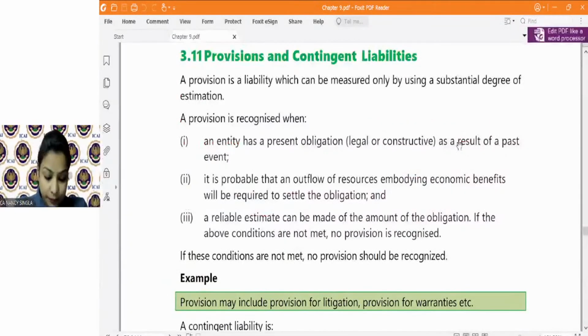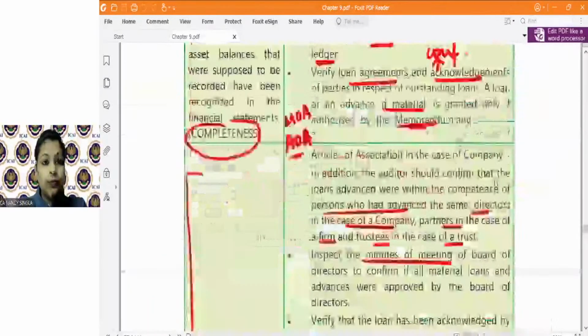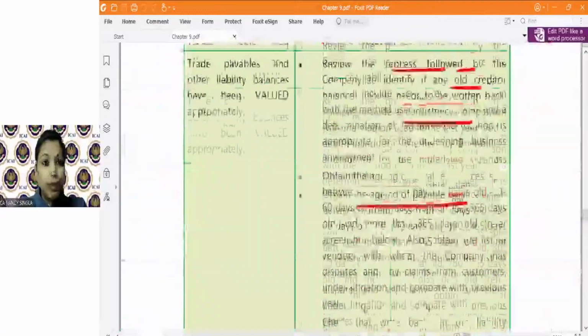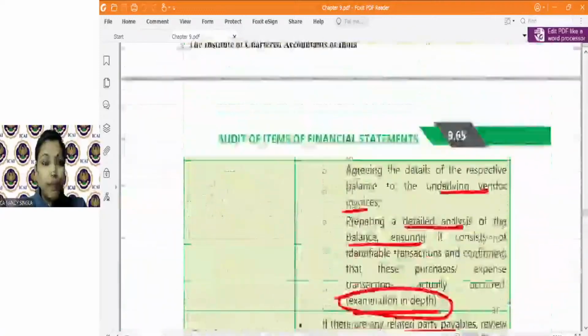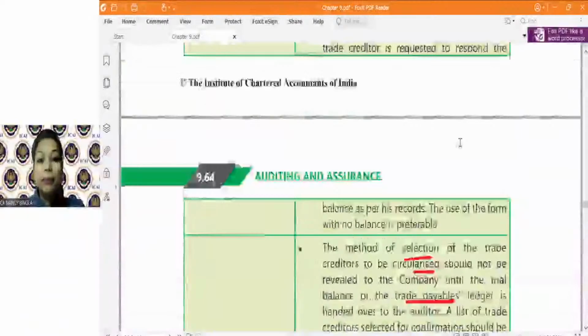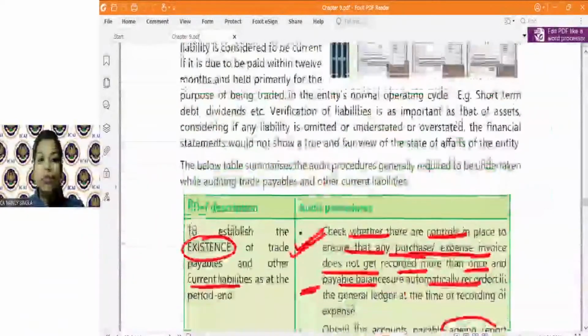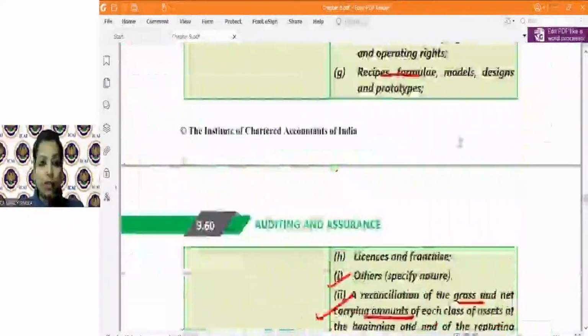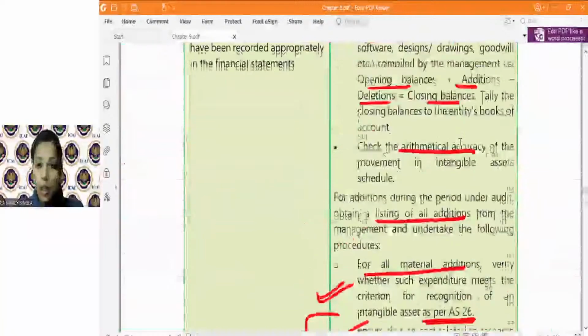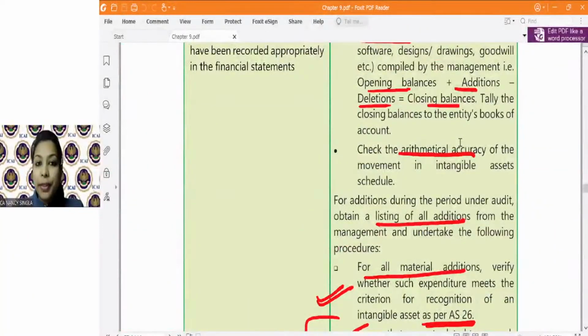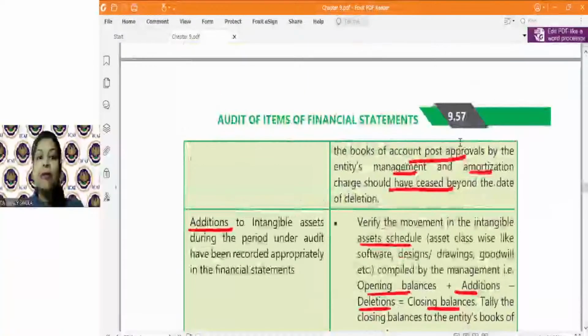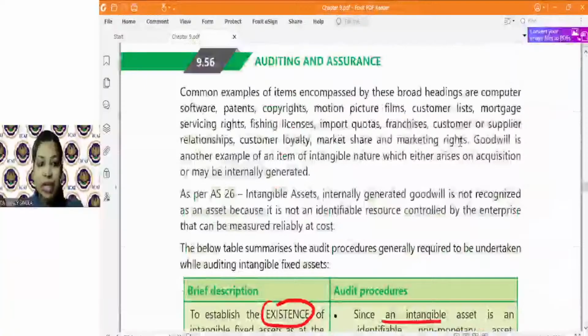So this is what? So we are going to the borrowings topic. So the question is that current maturities to long-term borrowings, where will it come in the balance sheet? Okay? So the options are long-term borrowings, short-term borrowings, other current liabilities, and the last option is cash and cash equivalents.